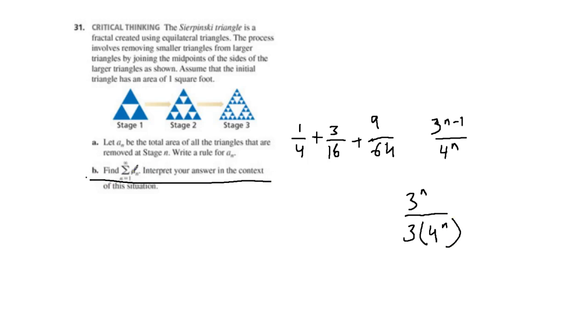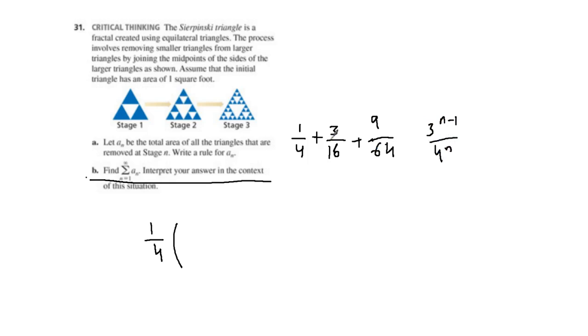So find the sum as n goes from 1 to infinity of a_n, and interpret your answer in the context of the situation. So in this, your first term is 1/4, and your second term is, I'm going to put the formula again, 3 to the n minus 1 over 4 to the n.